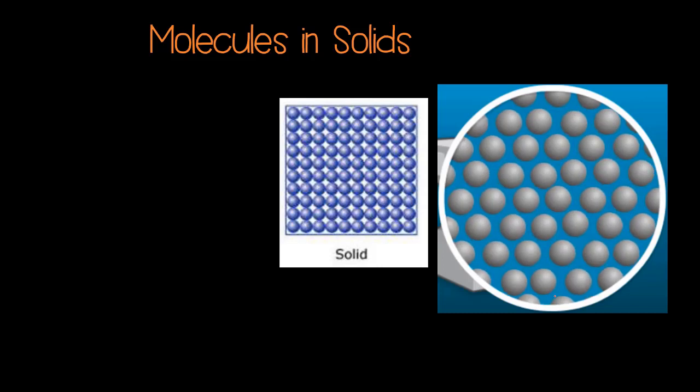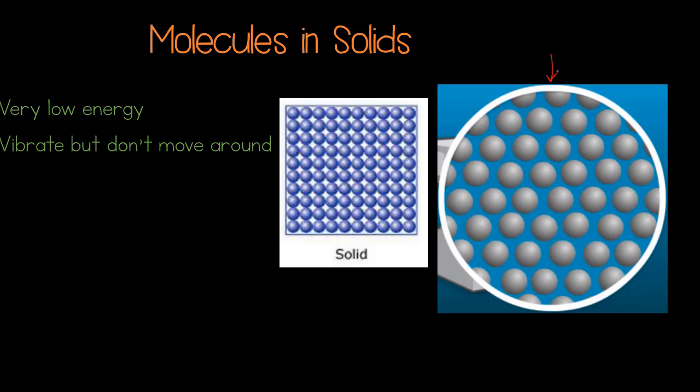We'll start with solids. The molecules in solids are very low energy. That means that the molecules have just enough energy to vibrate, like you see going on here. They're just moving the littlest bit, but they don't have enough energy to move around.